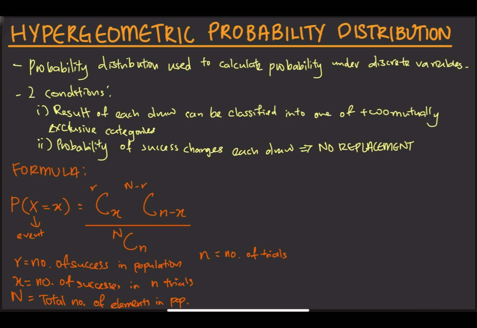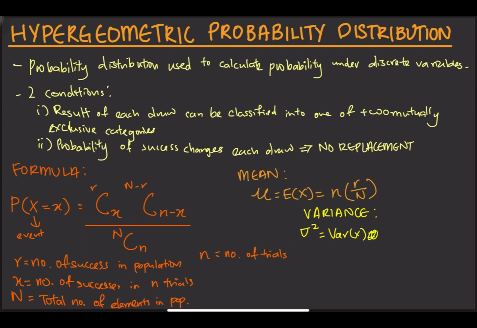Beside that, we also have the mean, which is mu equal to the expected value of x, denoted by the formula small n multiplied by R divided by big N, where small n is the number of trials, R is the number of successes in the population, and big N is the total number of elements in the population. And of course the variance: sigma squared equal to Var(x).